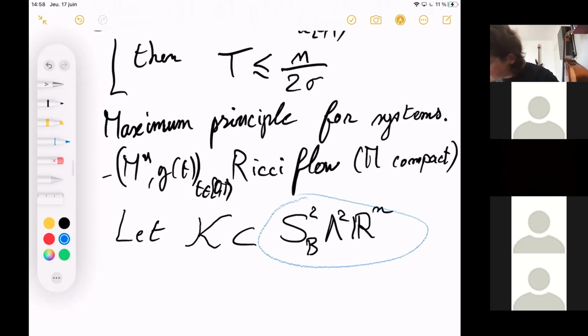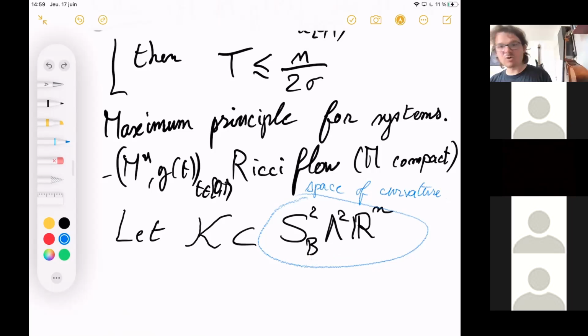What is that set? It is the space of curvature operators. By that I mean 4-tensors, or two-tensors actually, which have the same symmetries as the curvature operator. The Lambda 2 here gives you the fact that you can exchange the first two entries while changing the sign. The fact that it's symmetric is that R_xyzt equals R_ztxy, and the B stands here for the Bianchi identity.